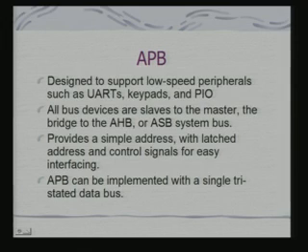What is the master in this case? The bridge. If you remember, I said the basic definition of a bridge is a slave on the high speed bus and a master for the low speed bus. So, here all devices are slaves to the master, the bridge to the AHB or ASB system bus.